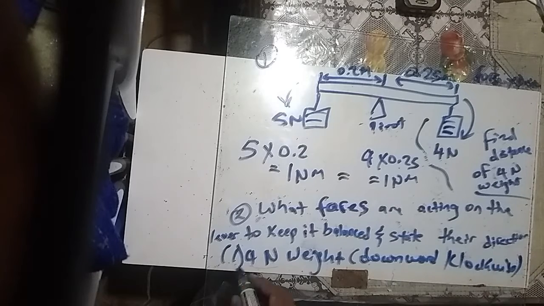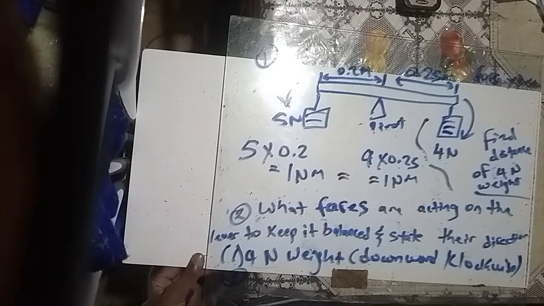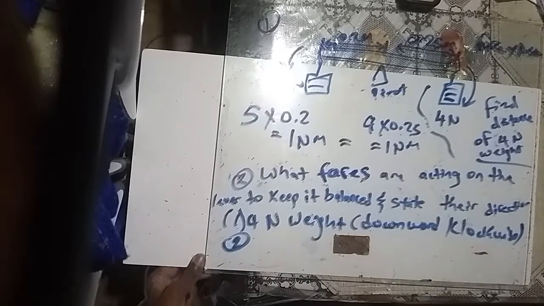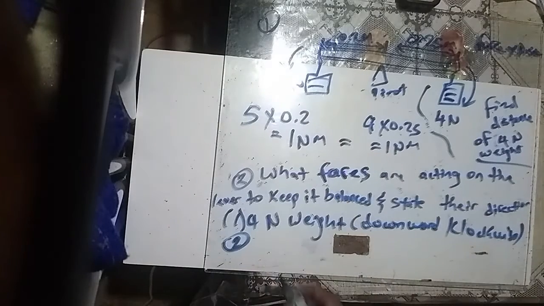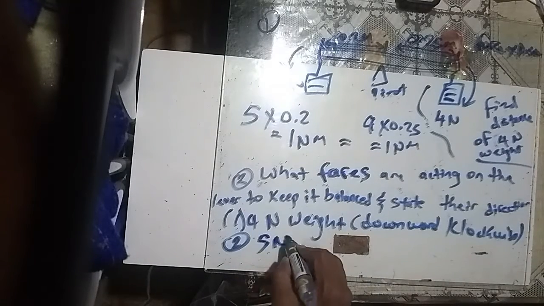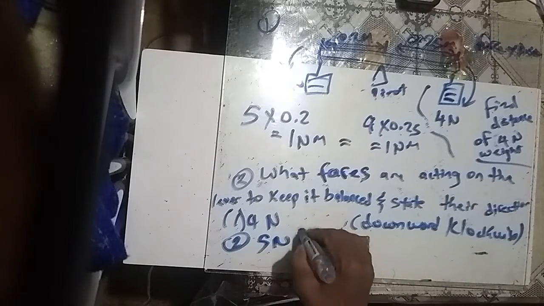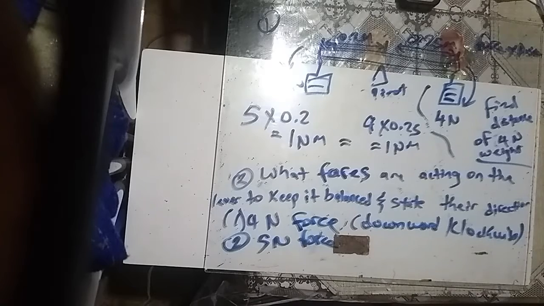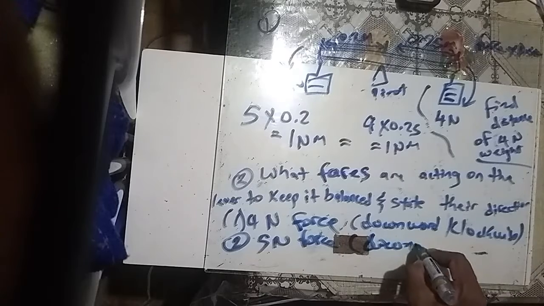Okay, the second one is obviously the 5 Newton weight or the 5 Newton force. Force or weight can be used interchangeably, same thing. The 5 Newton force is also acting in a downward direction.